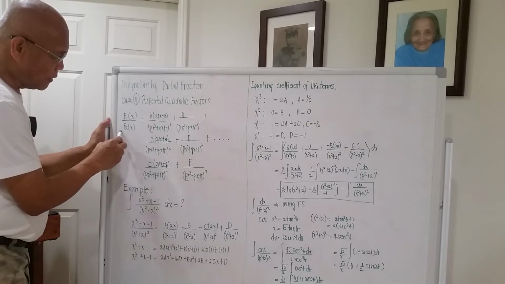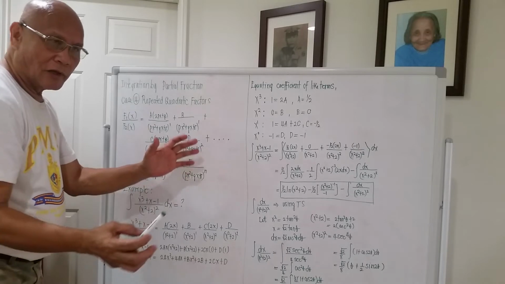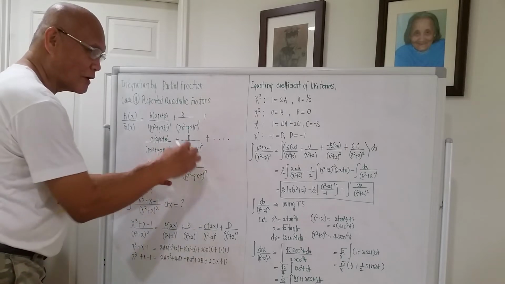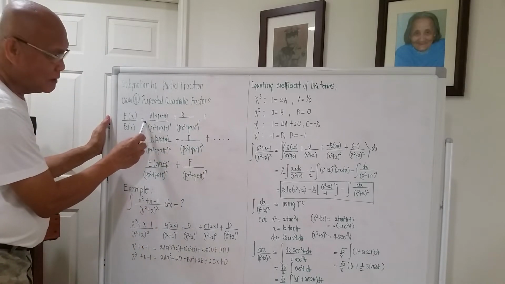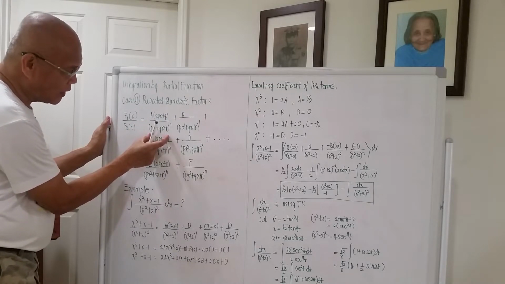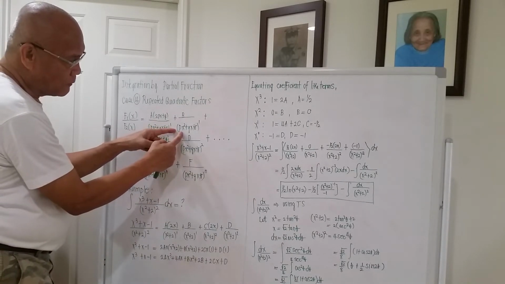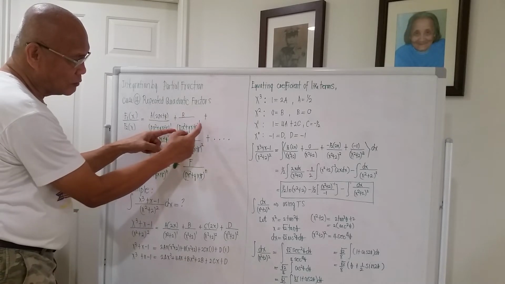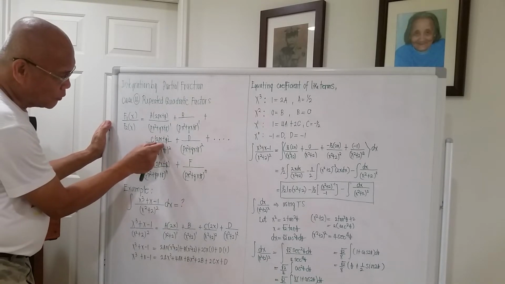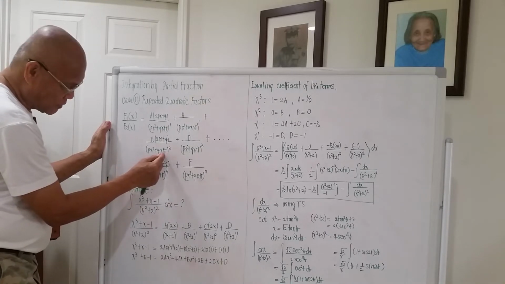f1 of x over f2 of x equal to, I will just read this one, then later on, as I give examples, we'll go back to this. It will be A times 2px plus q all over px squared plus qx plus r to the first power, plus B over px squared plus qx plus r again to the first power, plus C times 2px plus q all over px squared plus qx plus r.